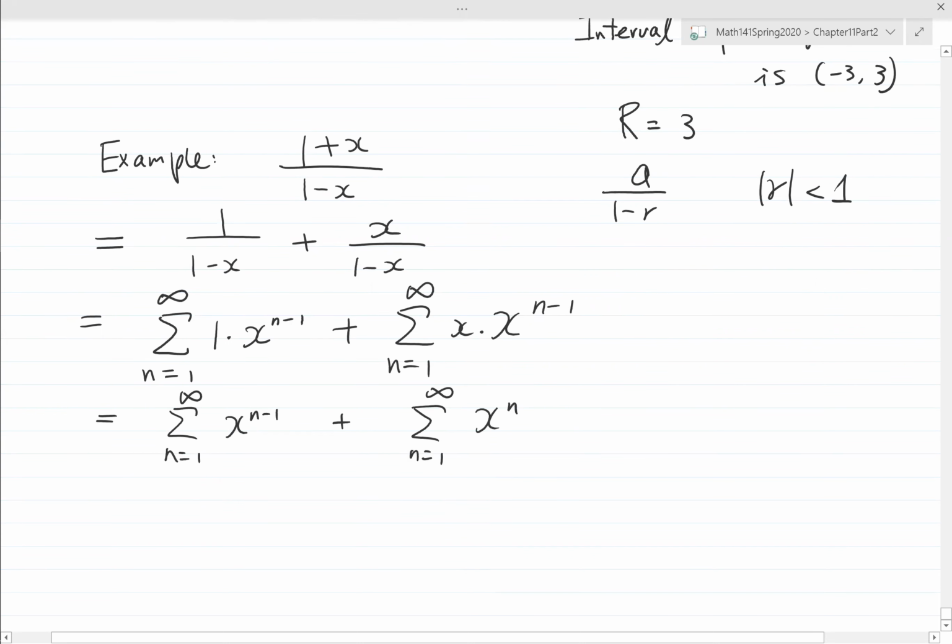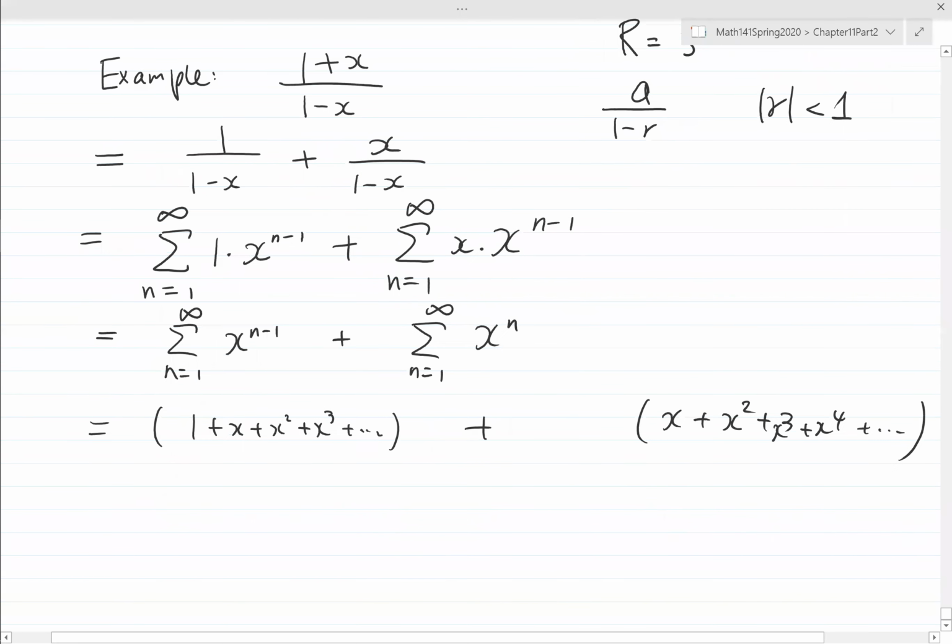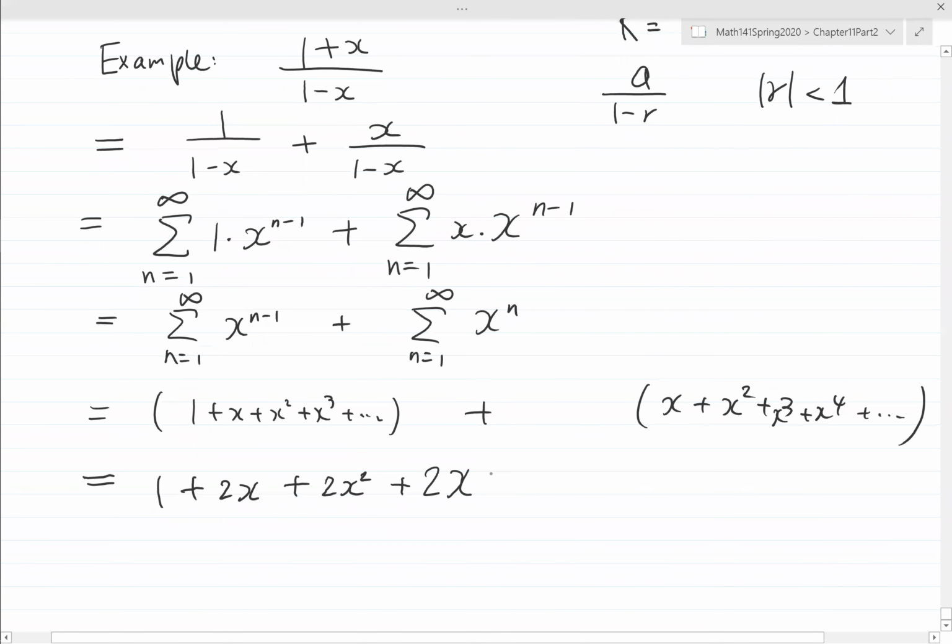If you write down the terms, this will be 1 plus x plus x squared plus x cubed, etc., and this will be x plus x squared plus x cubed plus x to the 4, etc. Now if you switch order, combine x with x, you get twice x. Combine x squared with x squared, you get twice x squared. x cubed with x cubed, you get twice x cubed, plus twice x to the power 4, etc.